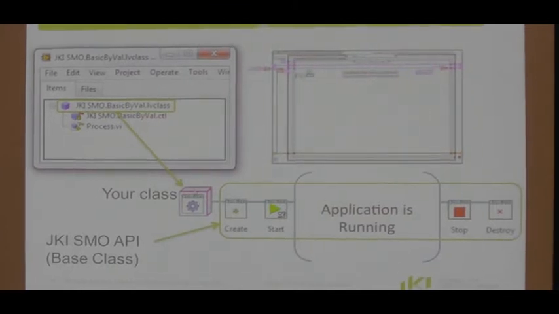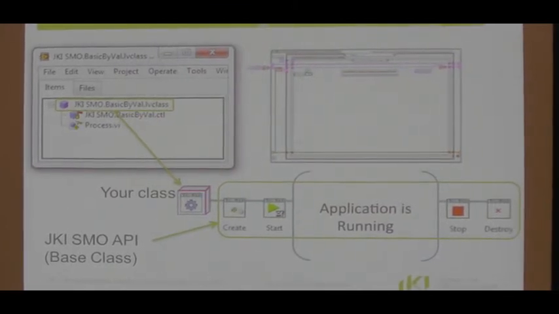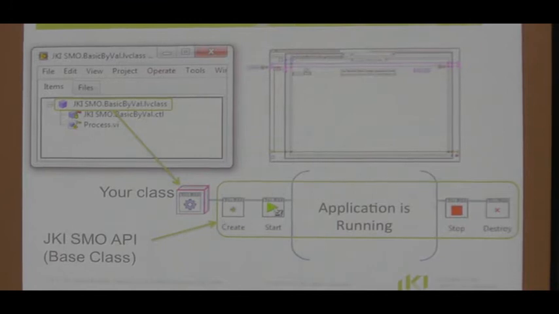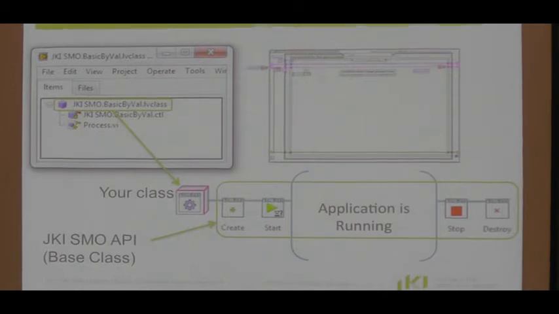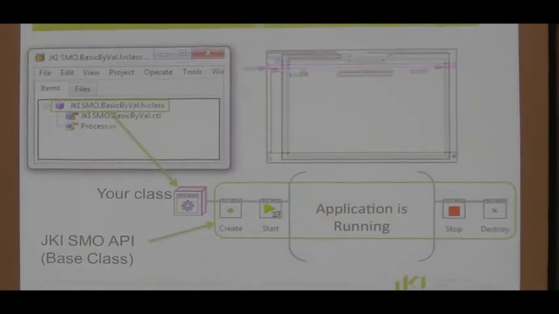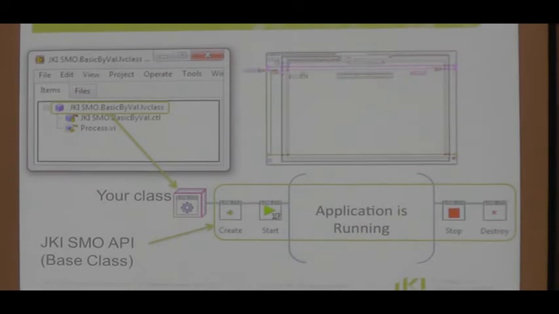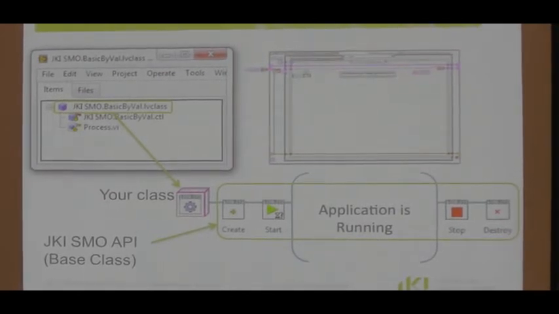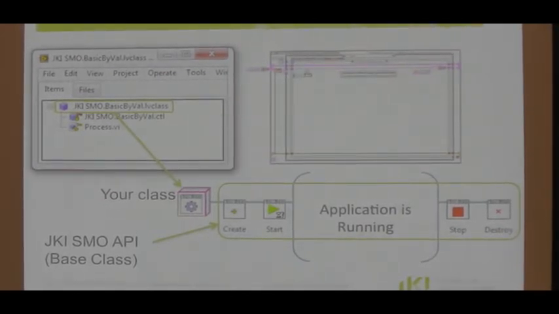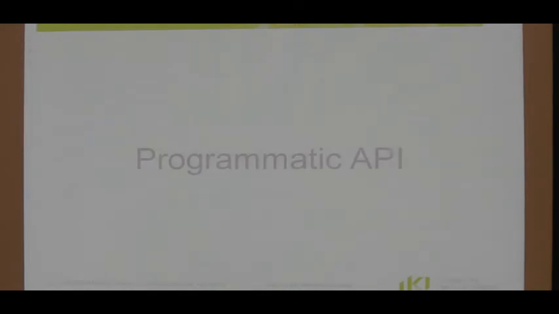We have our class reference, and now we're calling the base class methods to create, start, stop, and destroy, and everything under the hood there is doing the work of spinning up the VI with the state machine, telling it to start, telling it to stop, and destroying it. So it's pretty simple and straightforward.